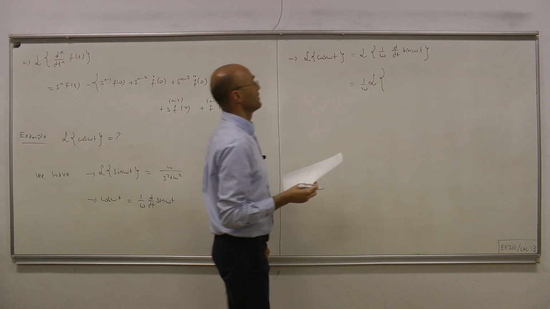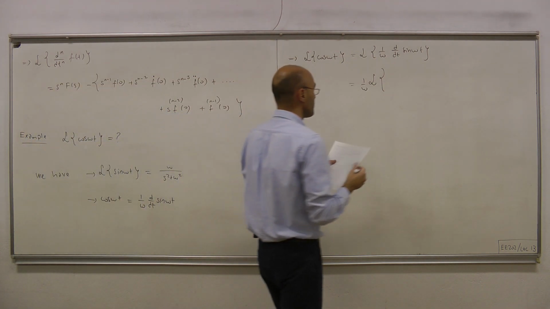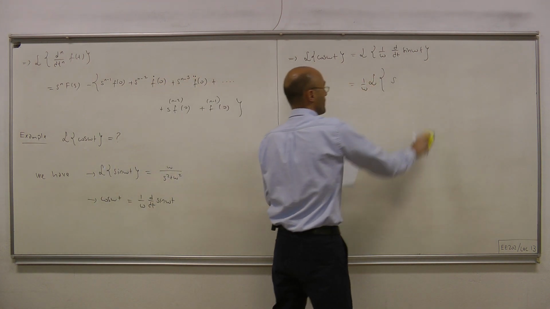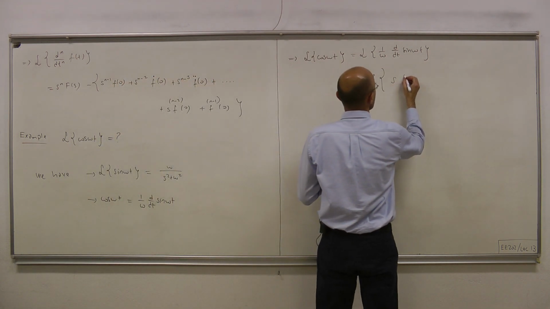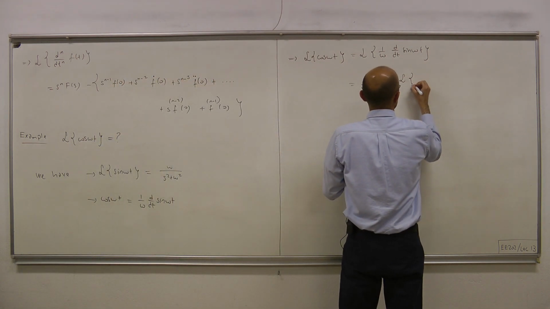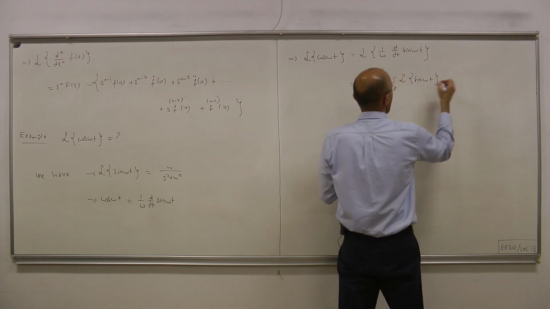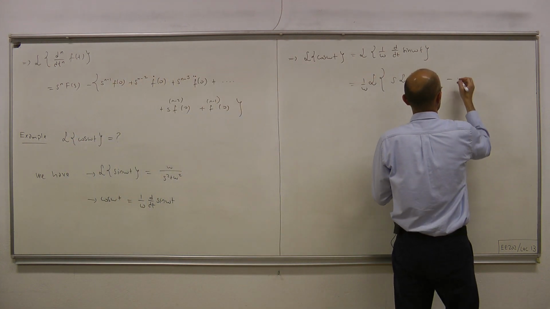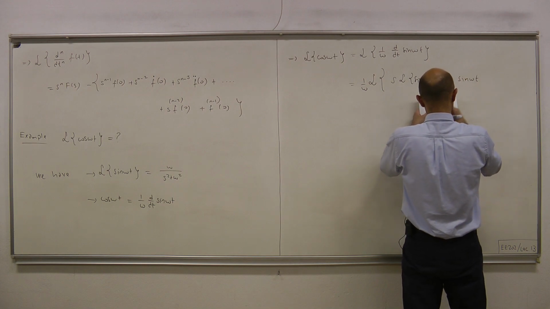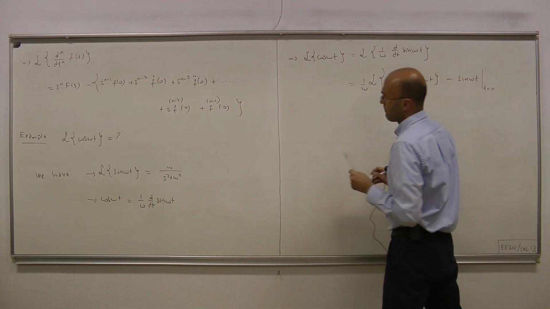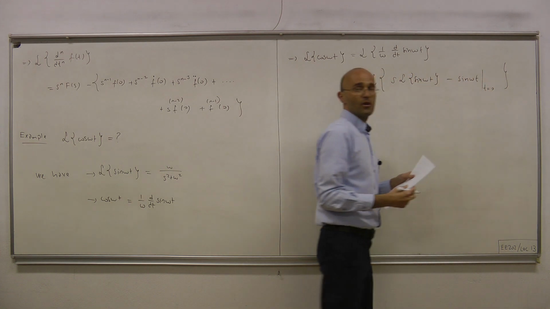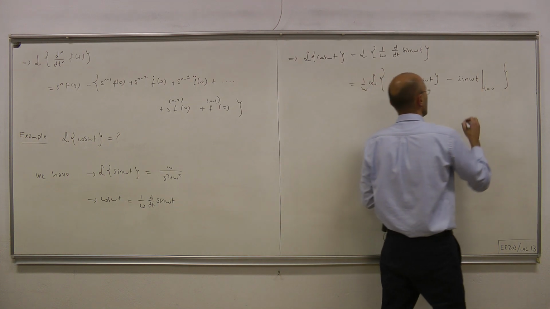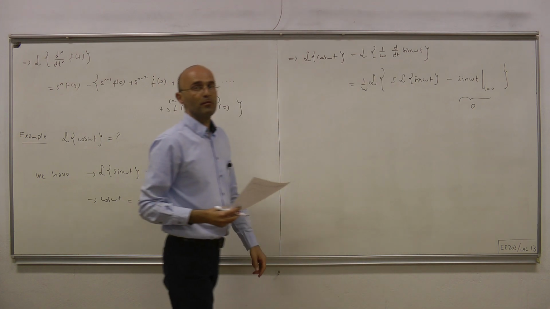And we know that the Laplace transform of the time derivative of any function is s times the Laplace transform of the function which we are differentiating, minus the initial condition of that function, or the value of that function at t equals 0, sine omega t evaluated at t equals 0. Now, regardless of omega, sine at t equals 0 is 0. Therefore, this term goes away.